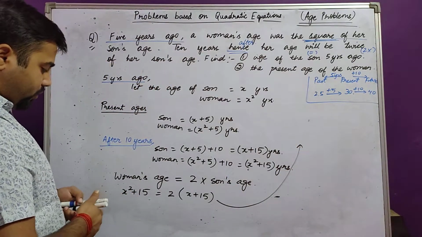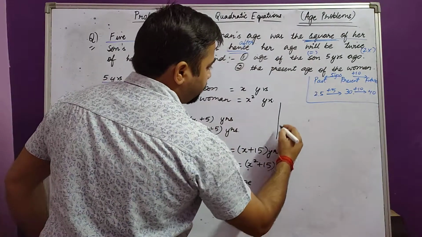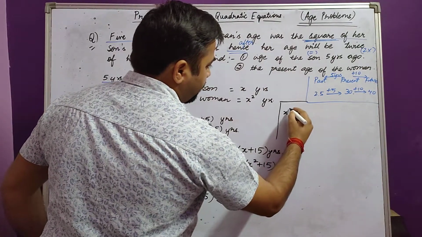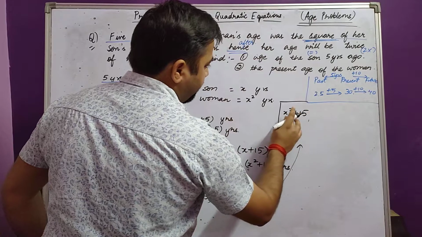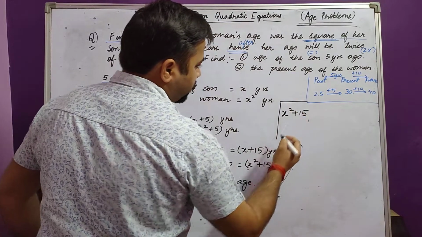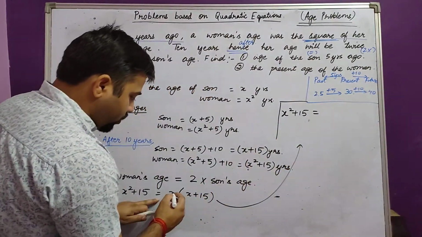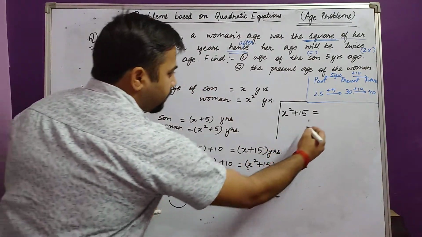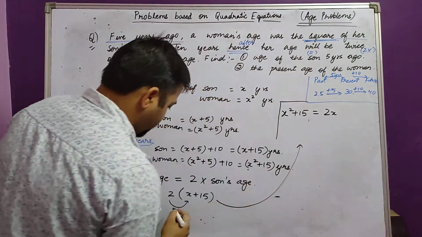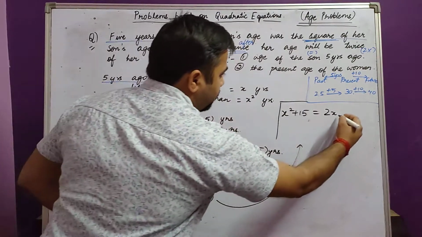It becomes x square plus 15 is equal to 2x plus 2 into 15, that is 30.